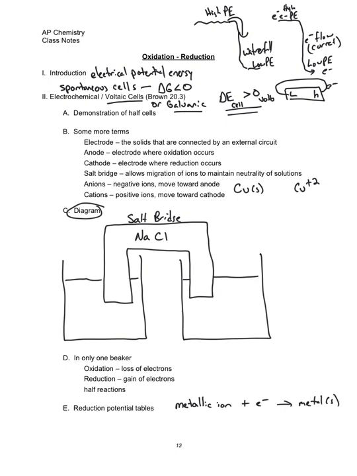To create an electrochemical cell, usually we need to create two compartments, each with the ionic aqueous substance along with its solid state material. So let's do copper, and we're going to do zinc. On one side, I'm going to have a copper solution, and in the other compartment, we're going to have a zinc solution.